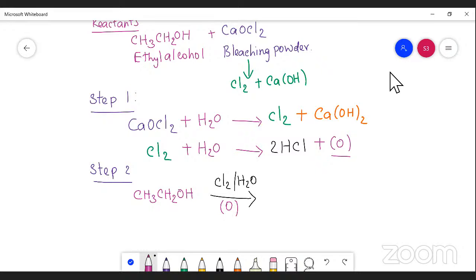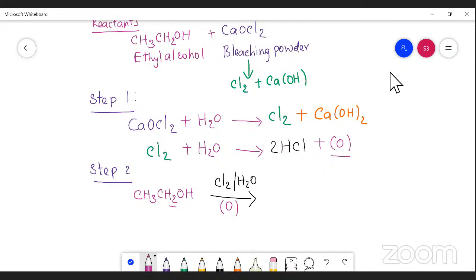Now, ethyl alcohol is a primary alcohol, and you know that primary alcohol on oxidation produces aldehyde.